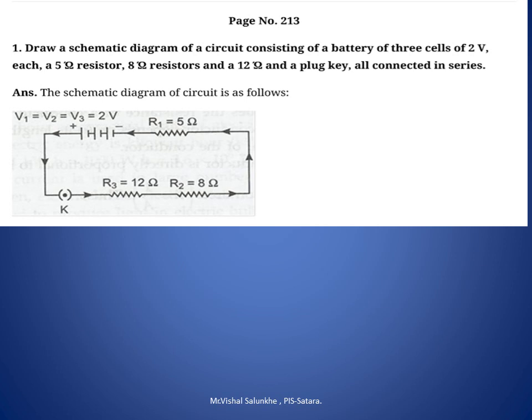Here is the schematic diagram: cell, then 5 ohm, 8 ohm, 12 ohm, and then the key, with the direction of current from the positive terminal of the battery to negative. Show everything and you will get full marks.